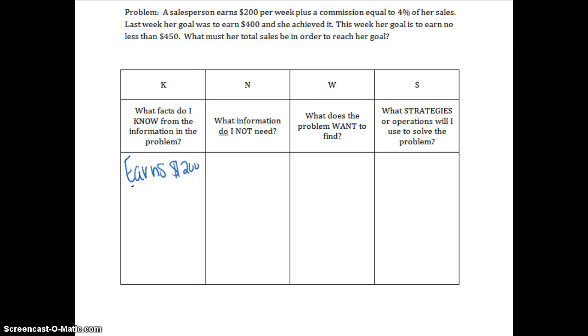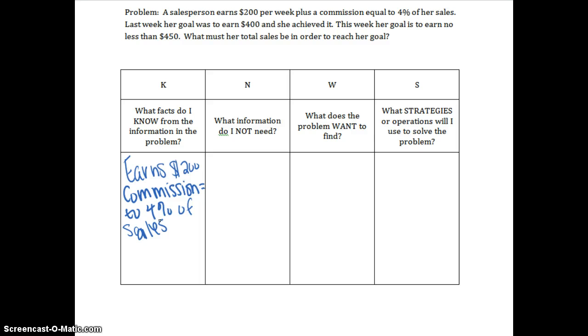She has a commission equal to 4% of her sales. And then she has a goal of $400, or she achieved.